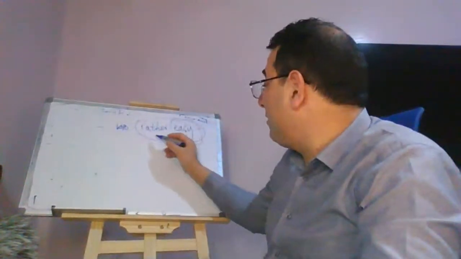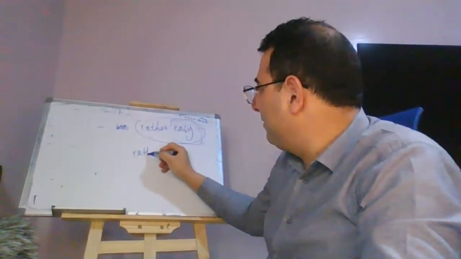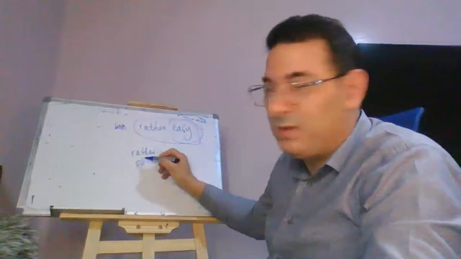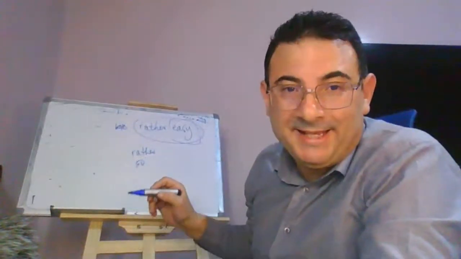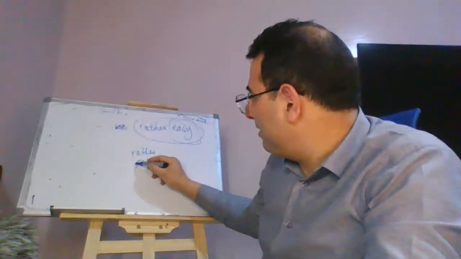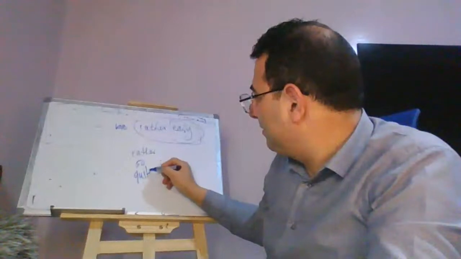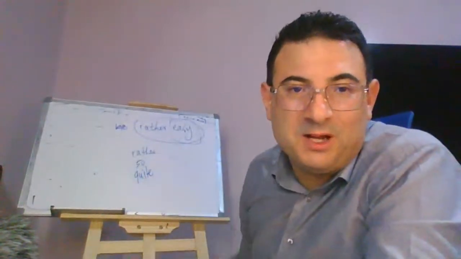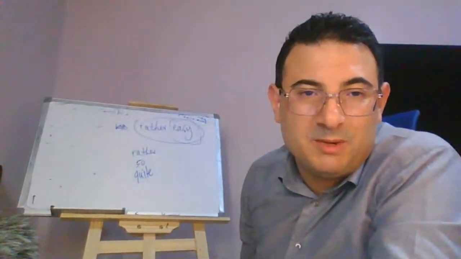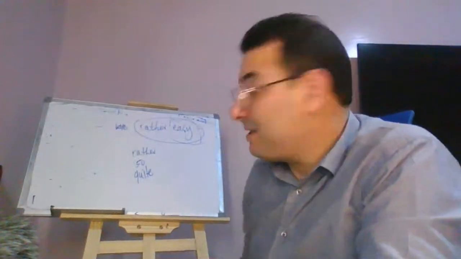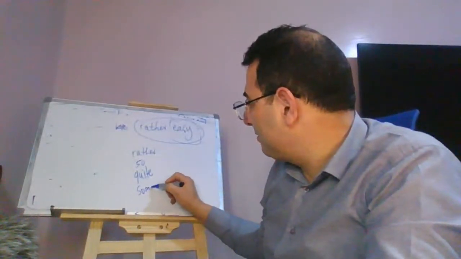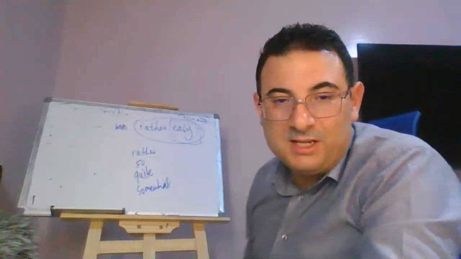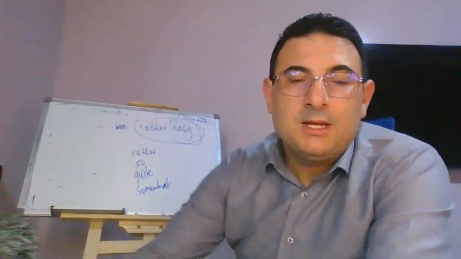So you have rather, and then you have so, like when you say so easy, you have quite easy. It's one way of saying very easy, and fairly, extremely, but look, and somewhat easy, etc.